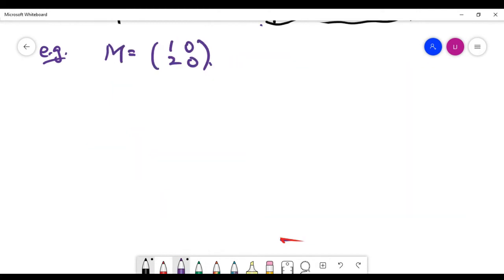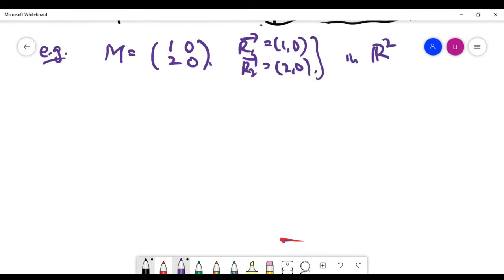Please look at the 2 by 2 matrix, and now you have the first row vector, which is 1, 0. And the second row vector is 2, 0, right? Both vectors, of course, are in R2, so at most it is a two-dimensional space. And we can easily notice that the second vector is along the same direction as the line generated by the first vector, because row 2 is 2 times row 1, right?